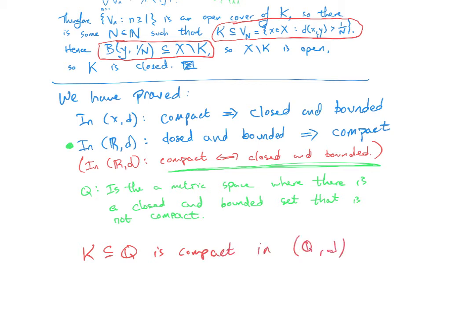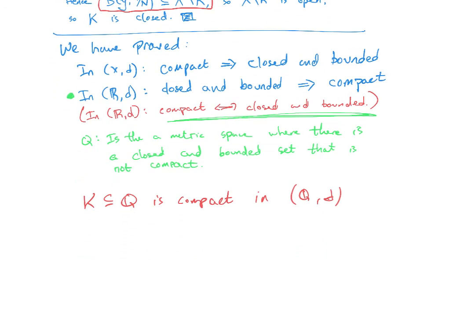So remember, I believe this was the first lecture on compactness. We proved that compactness is an intrinsic property, which means it doesn't depend on the ambient space. So the set K in the rationals is compact in the rationals with the metric if and only if K is compact in the reals.